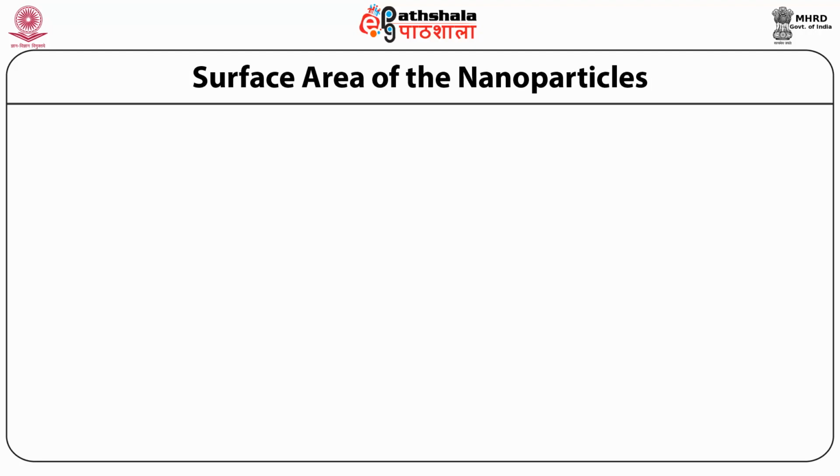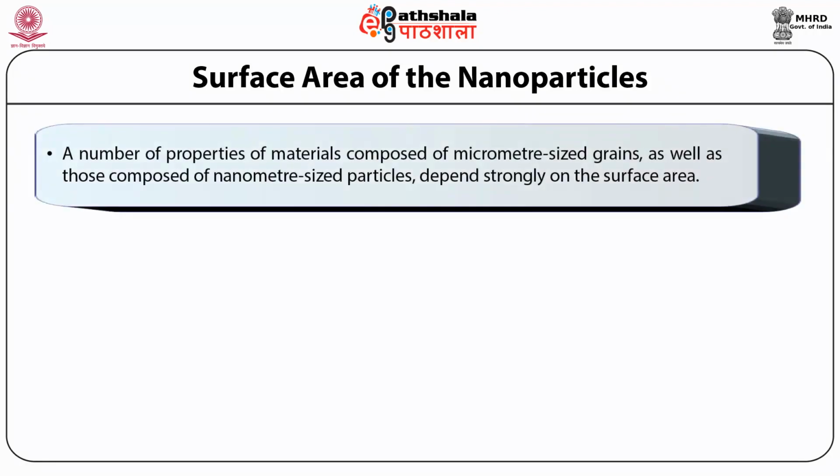Nanoparticles have an appreciable fraction of their atoms at the surface. A number of properties of materials composed of micrometer size grains, as well as those composed of nanometer size particles, depend strongly on the surface area.